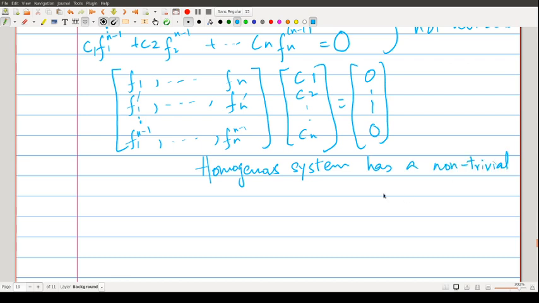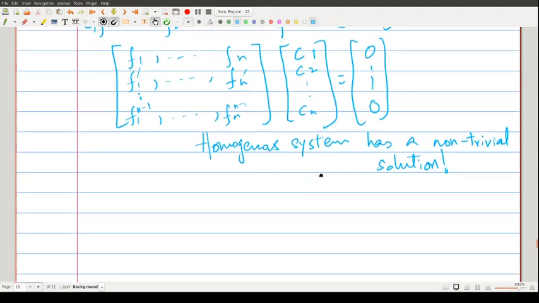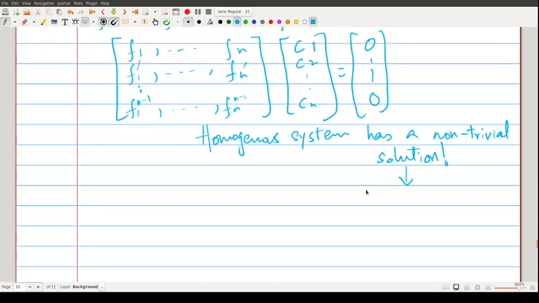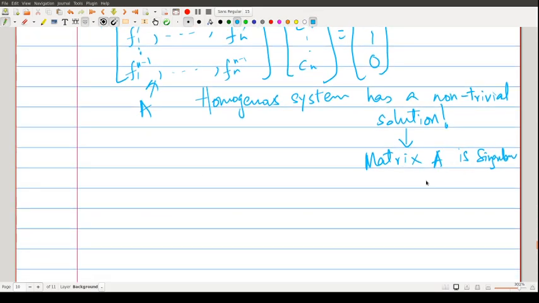And if this homogeneous system has a non-trivial solution, that means the matrix, let's call this A, must be singular, because only a singular matrix can give a non-trivial solution for a homogeneous system. Now if the matrix A is singular, what does that tell me? Matrix A is singular if and only if the determinant is 0.